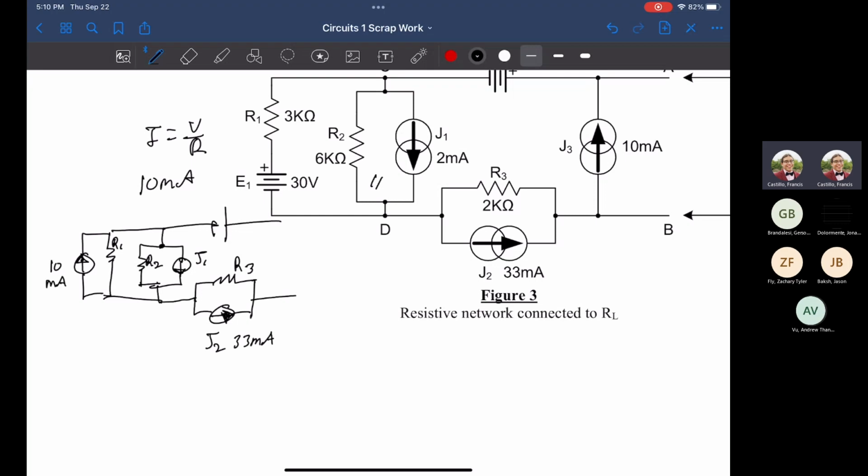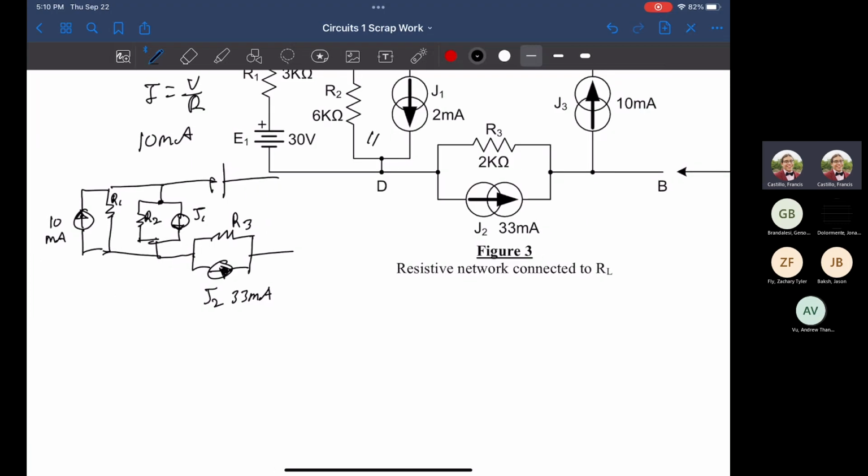This is what I would go ahead and combine: R1 in parallel with R2. Why is it in parallel? Well, if you were to break apart this specific branch that contains R2 and J1, you would be able to inspect it from looking at it and comparing it to previous problem sets or his examples. You can safely assume that those are in parallel, so we can combine them that way.